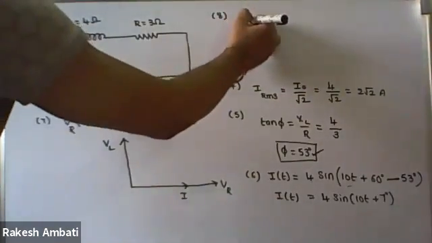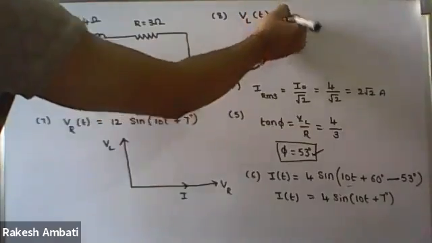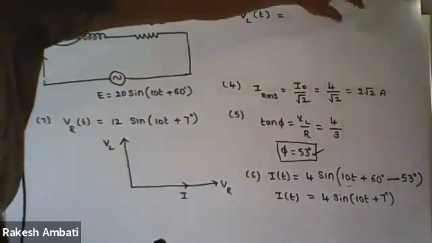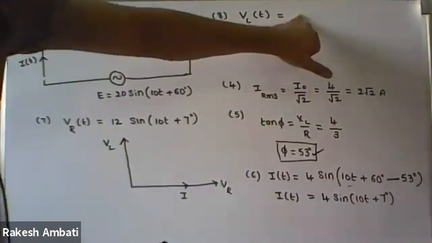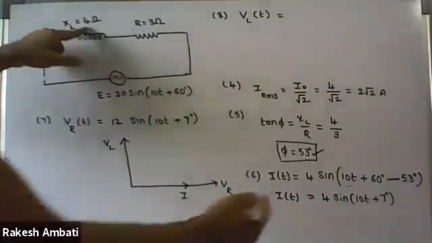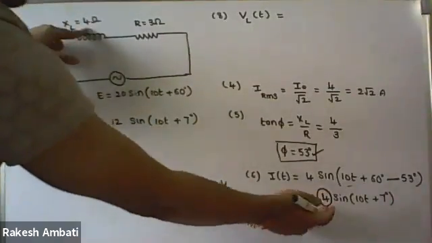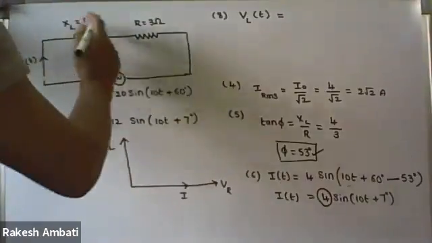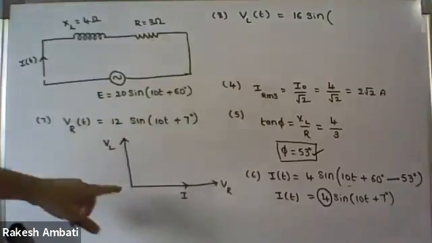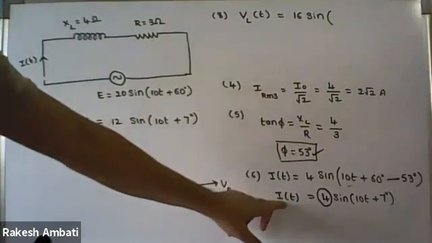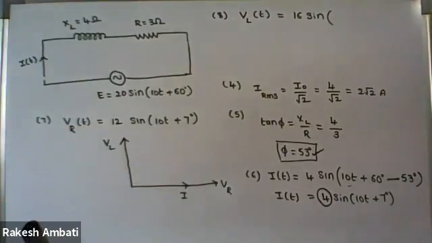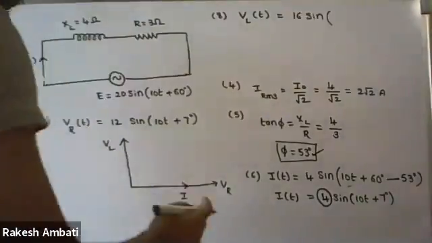Now the eighth one. How to find VL as a function of time? This also is V equal to V naught sine of something. But how to find the V naught value? I naught into XL. Perfect. So 4 4s are 16. 16 sine function of, please answer, with respect to current, is this potential leading or lagging? Leading.